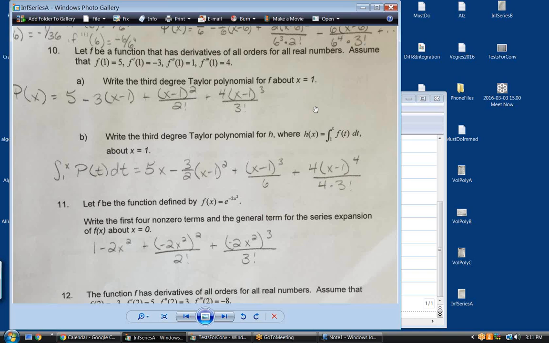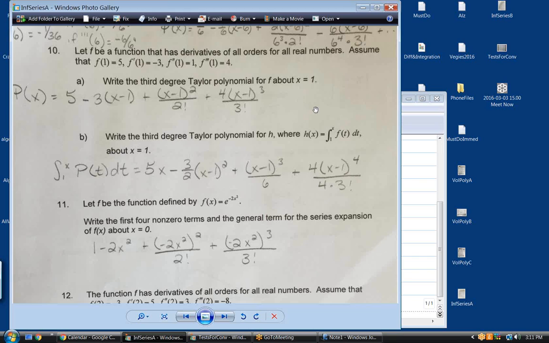If you ask me what the difference between a Taylor polynomial and a power series is, a power series is just an infinite sum of polynomial terms with coefficients. In other words, x plus x squared plus x cubed plus x to the fourth, dot dot dot, x to the nth.